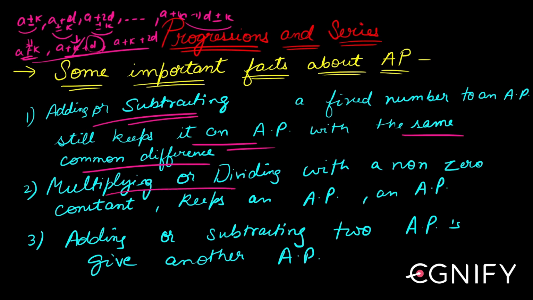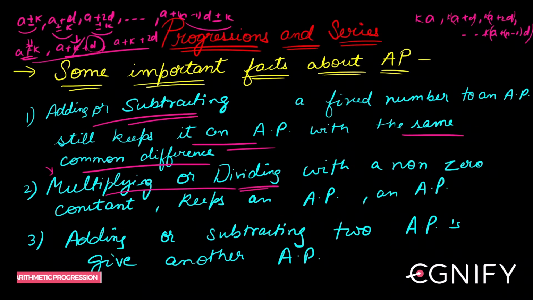Also, if I multiply or divide an AP by a common non-zero constant, where my AP is a, a plus d, a plus 2d, and so on up to a plus n minus 1 into d, and I multiply or divide every term by the same number k, including the last term, then it remains an AP.